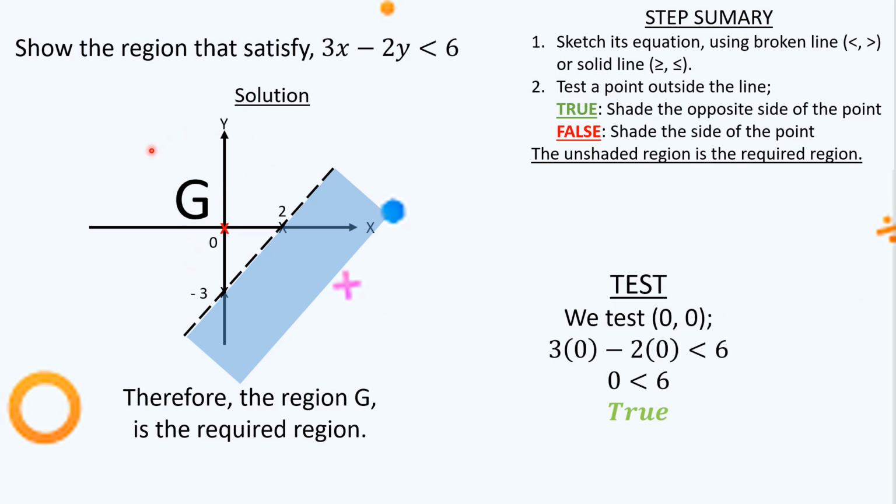This part is the real solution of this question, because you are meant to show the region. Just shading is not enough; you show the region by giving it any letter you want and giving a summary of its meaning, that therefore the region G is the required region, and that makes the work perfectly done.